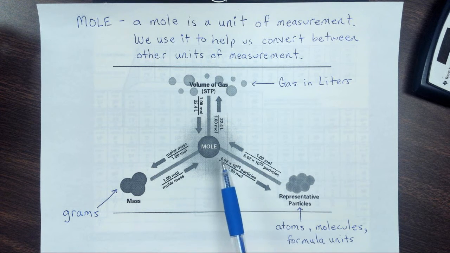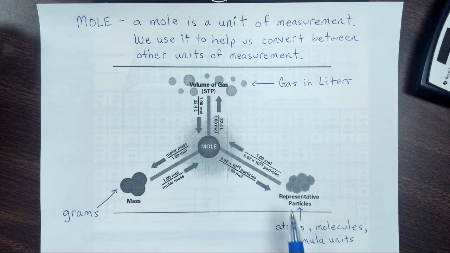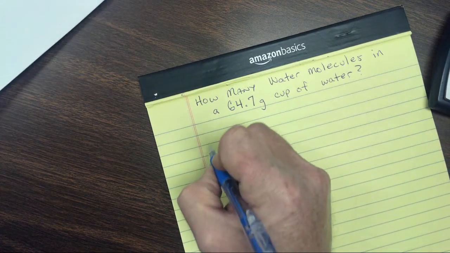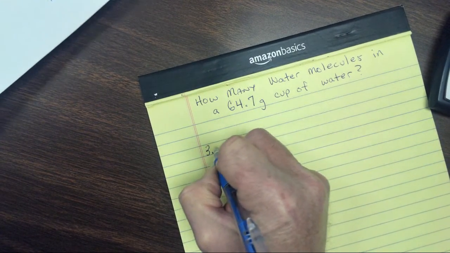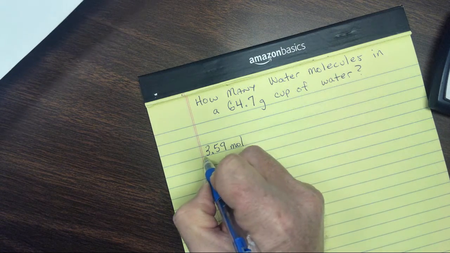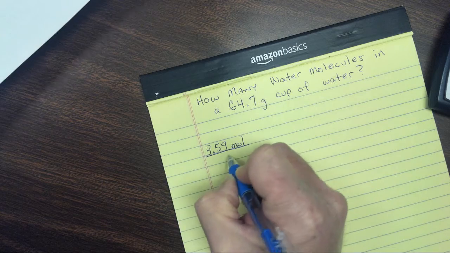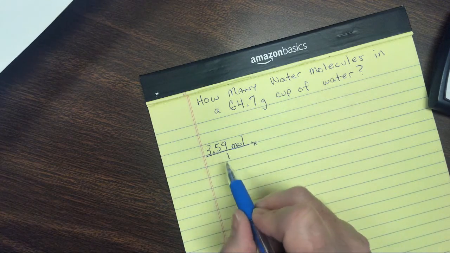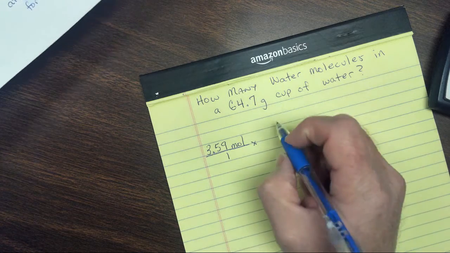And I'm going to use this conversion factor right here that I'm circling because the arrow is pointing that way. It's very simple. Check this out. We go 3.59 mole, because that's what we're given, and put that over 1. Hopefully you remember that any number over 1 is just the same number.